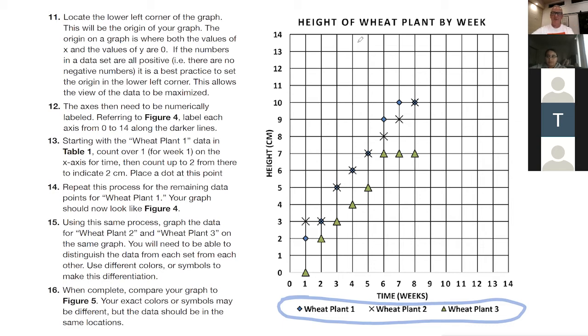Didn't really have to go to 14, probably could have just gone out to like 12 maybe. Just made it this big. Use a little bit more of the space, but it's clear what the units are. It's clear what the data is. It's clear which plants they're talking about. That's everything we're looking for. So now all you need to do is figure out what is the best fit line to put through them.